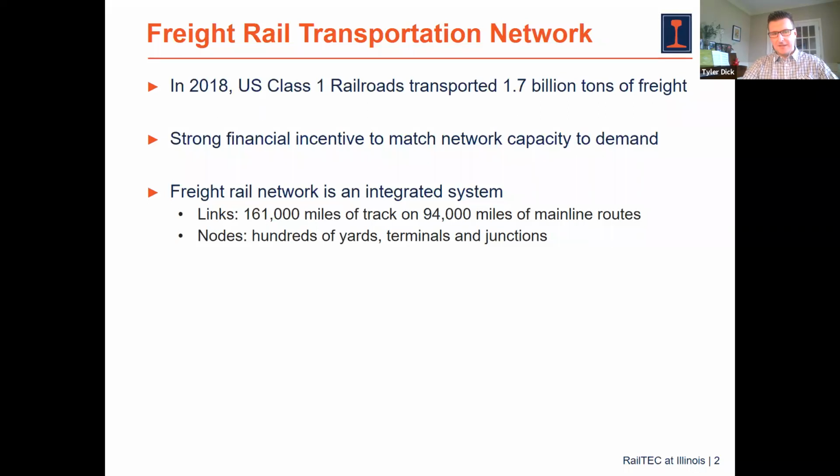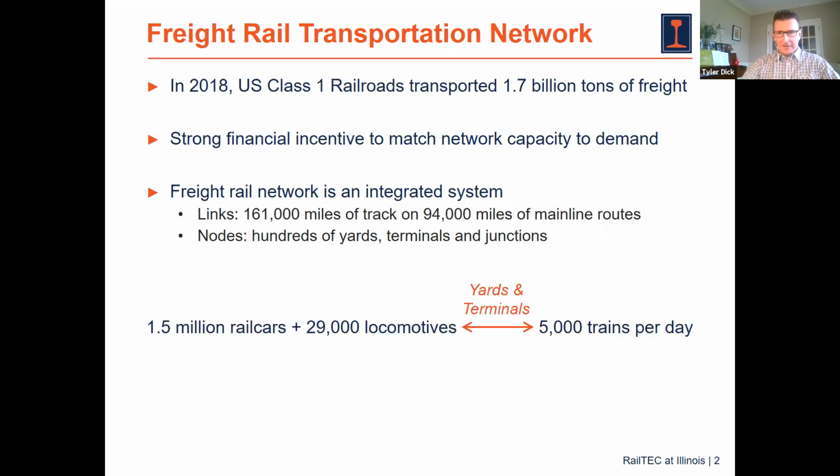But we also can't forget that there's hundreds of yards, terminals, and junctions that serve as the nodes on that network. And those yards and terminals have a very important function because each day on the US freight rail network, those yards and terminals are the locations where we bring together approximately 1.5 million freight cars and over 29,000 locomotives, and form approximately 5,000 trains that depart their initial yard or terminal each day.